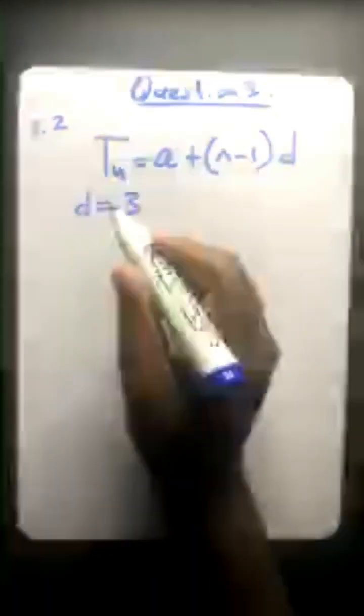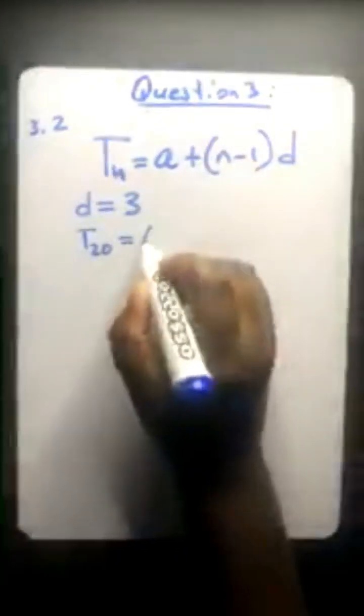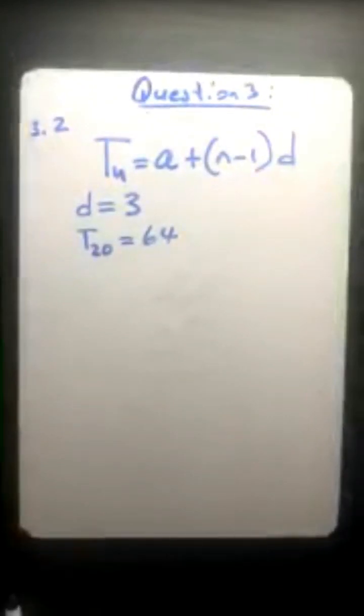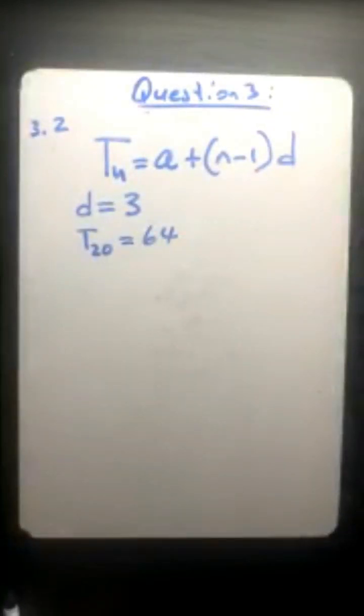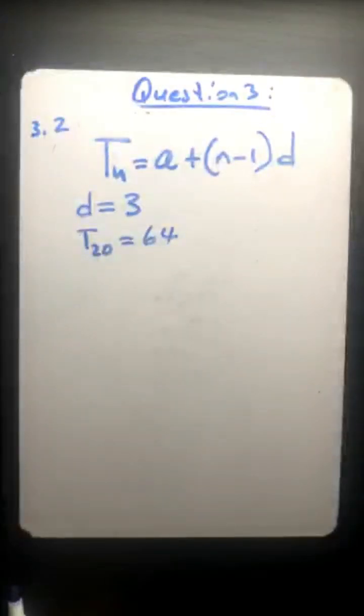And again, they said the 20th term, being term number 20, is equal to 64. That's what we know. So the question is to determine the value of term 22.